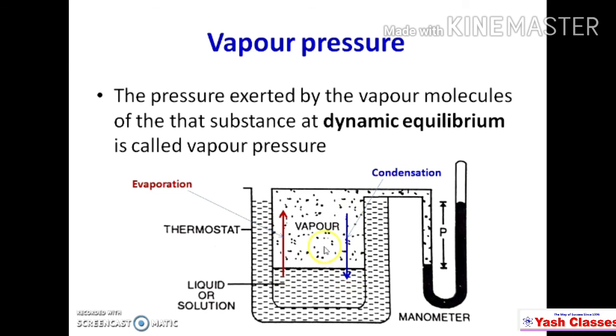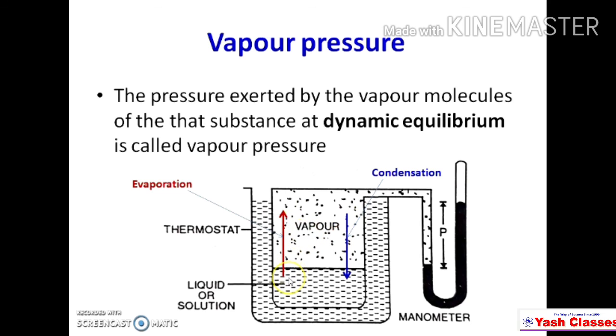In other words, the number of molecules escaping from the liquid state to the vapor state is exactly equal to the number of molecules returning back from the vapor state to the liquid state. That stage or state of a liquid is called dynamic equilibrium.